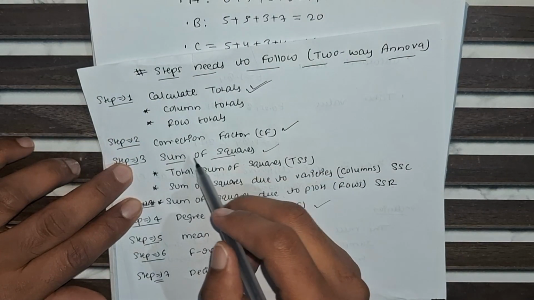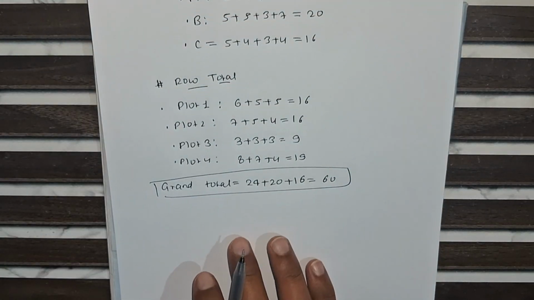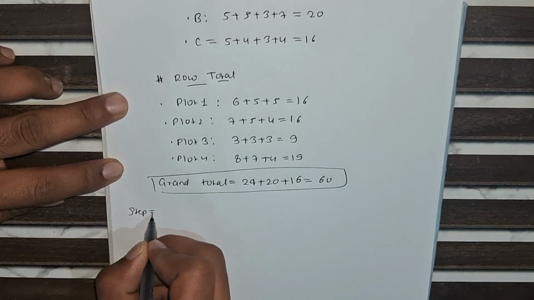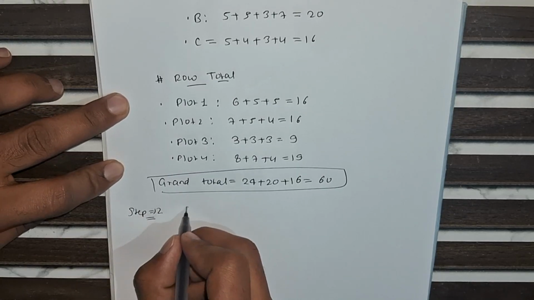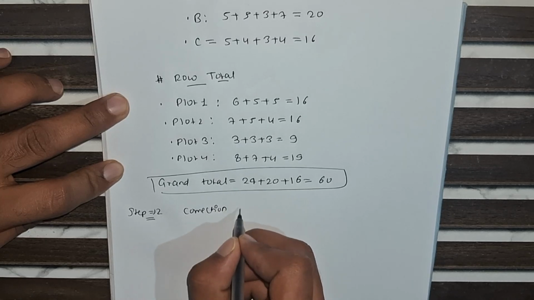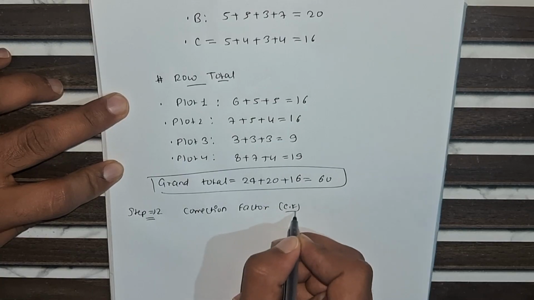Now move to our second step, where we find the correction factor, which is CF. Step 2 is correction factor, which is nothing but CF.